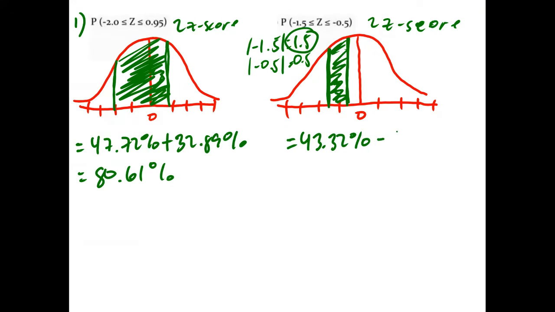So minus 19.15% equals 43.32 minus 19.15 is 24.17%. Okay, so tama ba yung nakuha ninyong sagot?